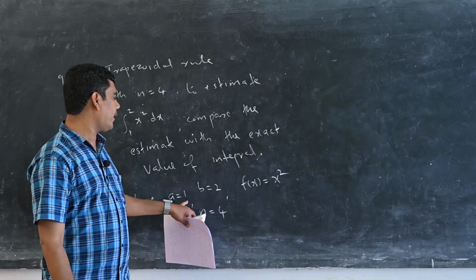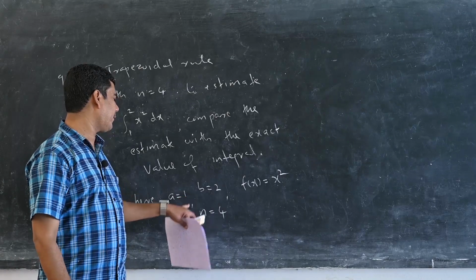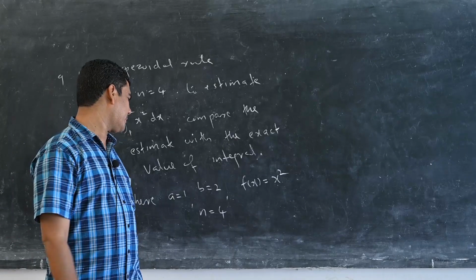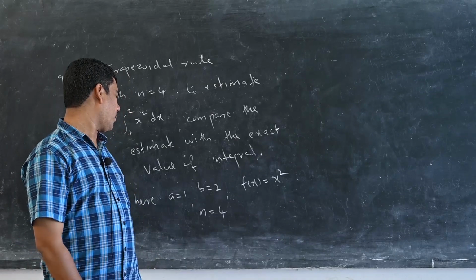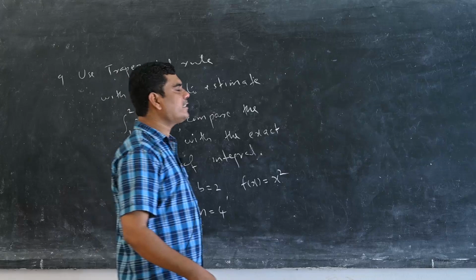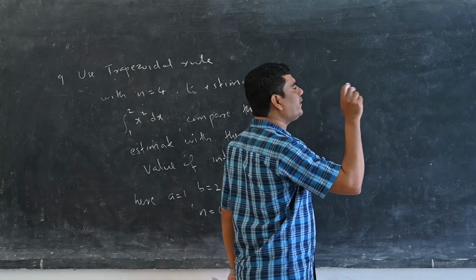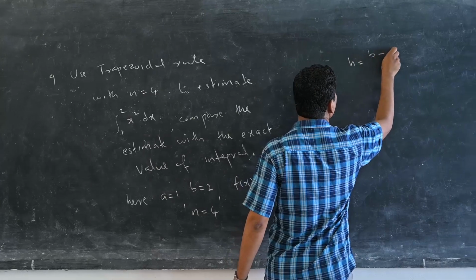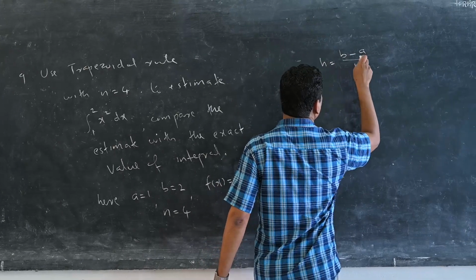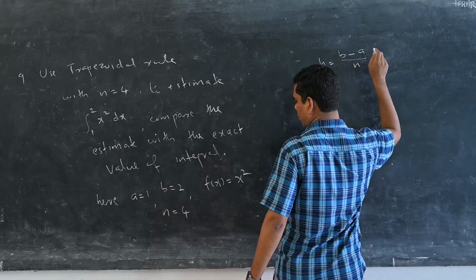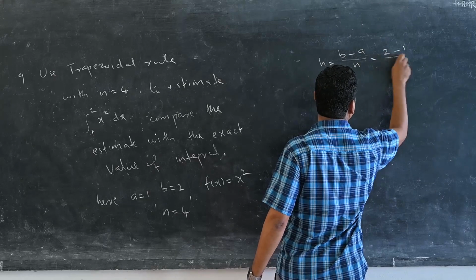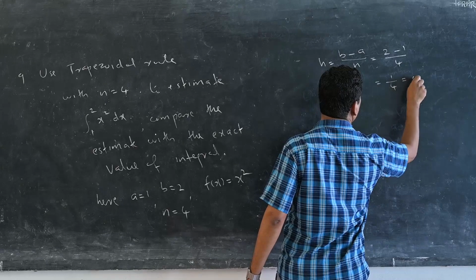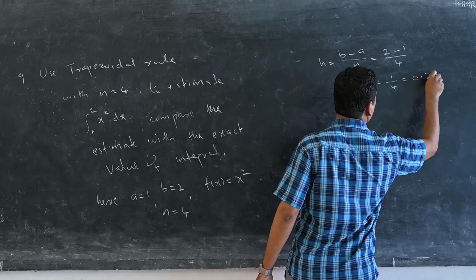We divide the interval AB, interval 1, 2 into 4 equal subintervals. n is equal to 4. Then h, the length of each subinterval, h is equal to b minus a divided by n. This is equal to 2 minus 1 divided by 4. This is equal to 1 by 4 is equal to 0.25.